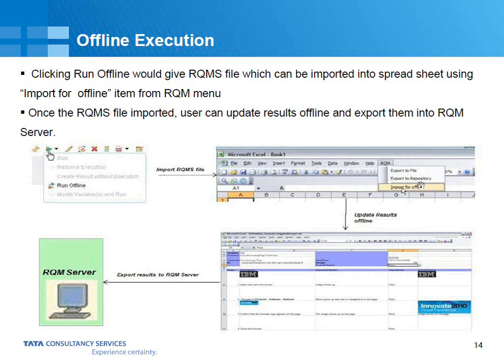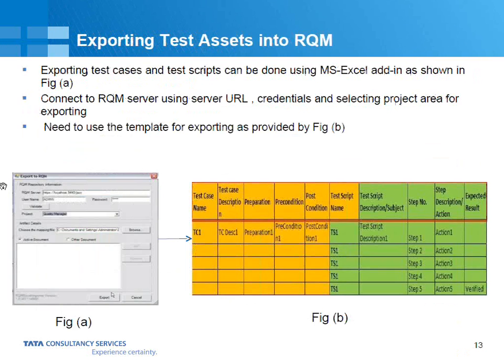When you say export to repository, a pop-up opens where you have to authenticate to the RQM server. This is the spreadsheet format which the RQM server will be expecting, and this is the format we need to enter.